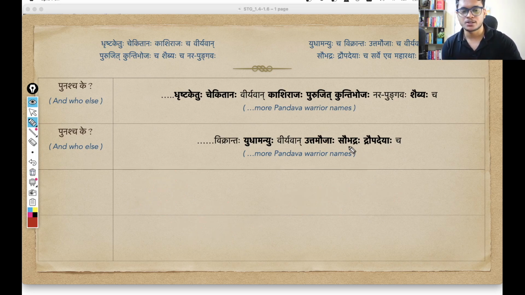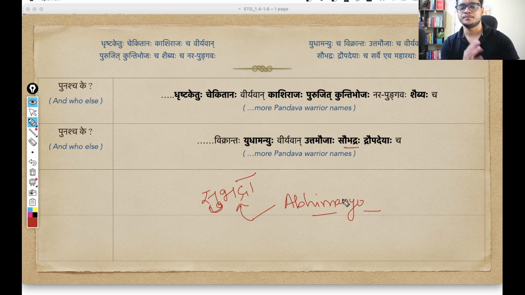With this you can guess now, Saubhadra means son of Subhadra. Who was Subhadra? Subhadra was the wife of Arjuna. So Saubhadra, the son of Subhadra, is referring to which warrior? If you already know the context of Mahabharata, you know this is referring to Abhimanyu, son of Arjuna.